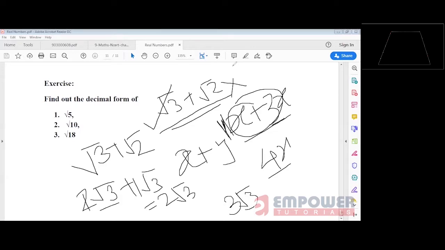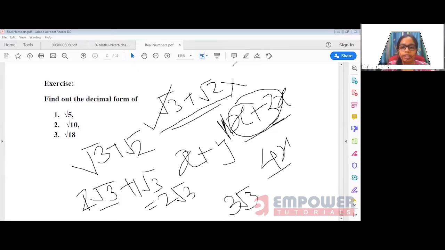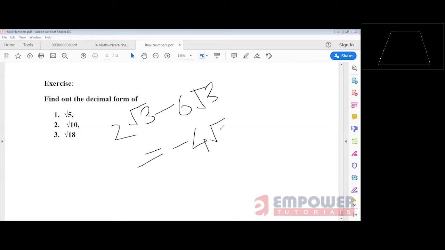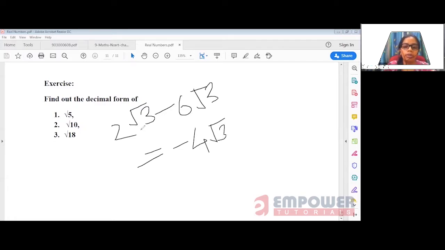What if you have 2 root 3 minus 6 root 3? The answer will be minus 4 root 3. Very good. So this is how you have to do it. You have to consider this number as a variable so that you can apply those rules.